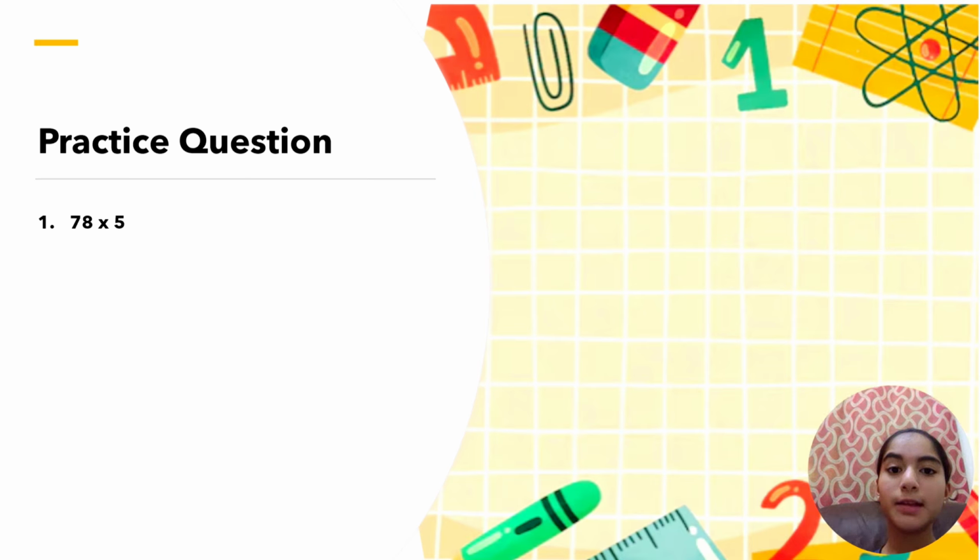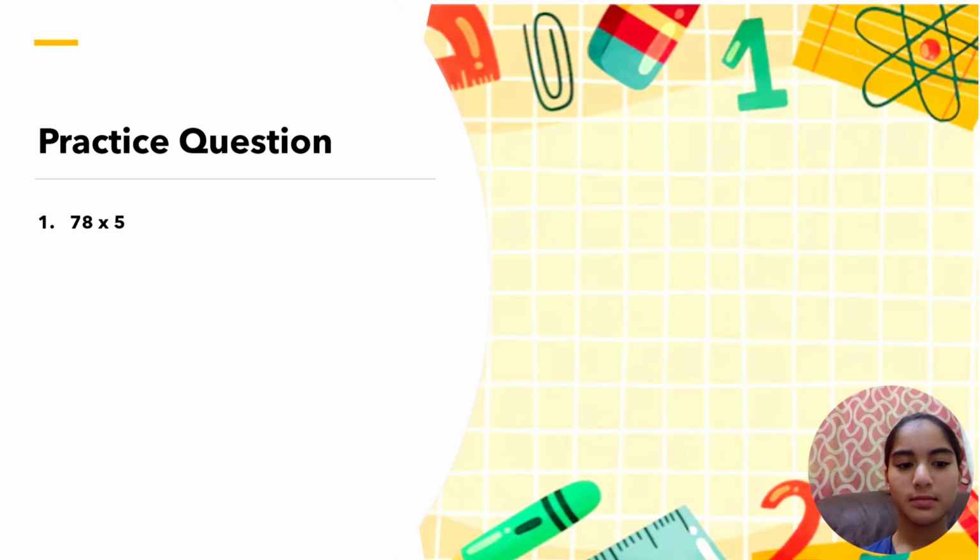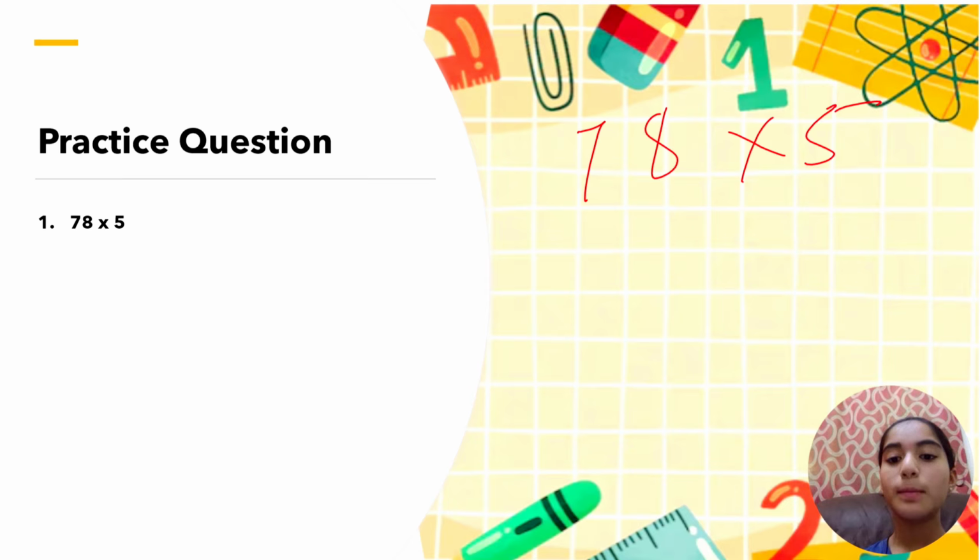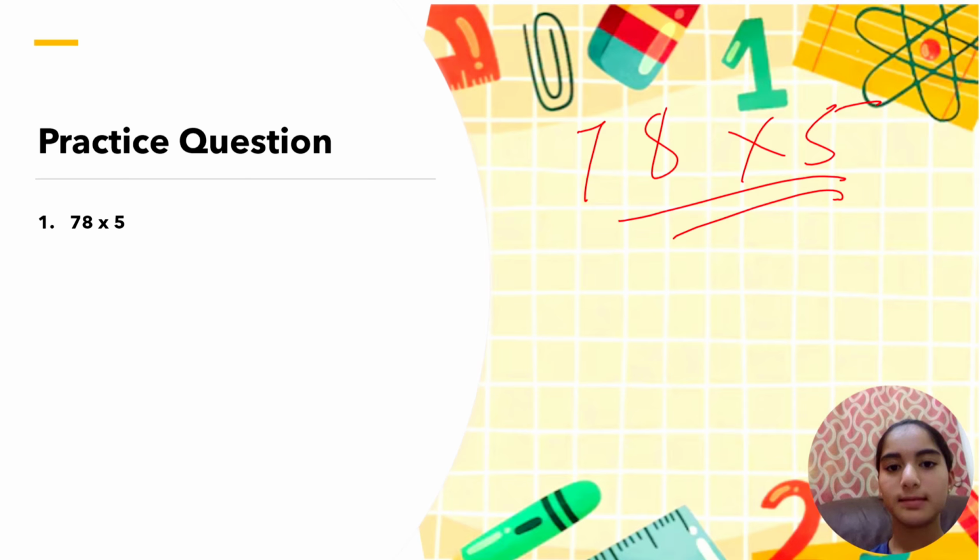Now that we understood the theory, let us do a practice question. 78 into 5. You may pause the video to try to do the answer. Okay, so let's do it.